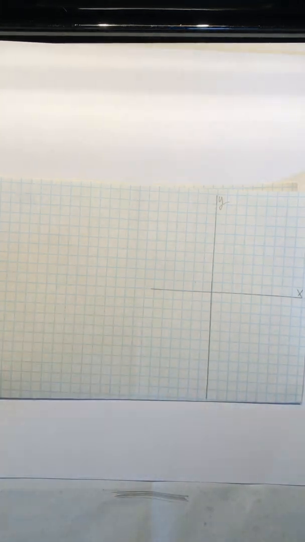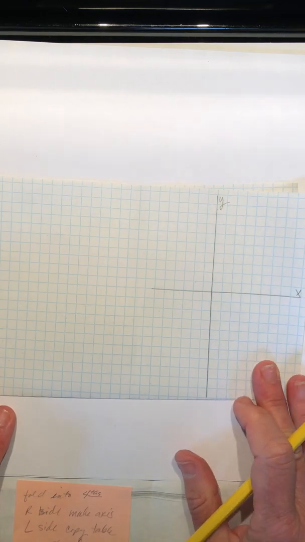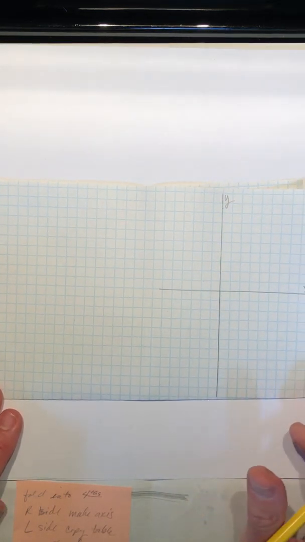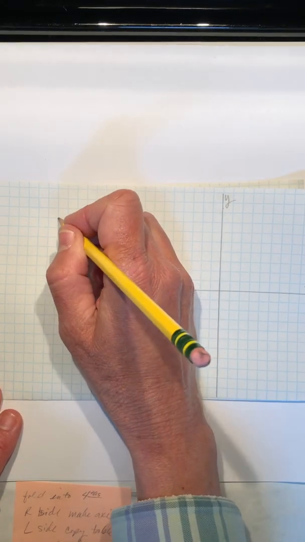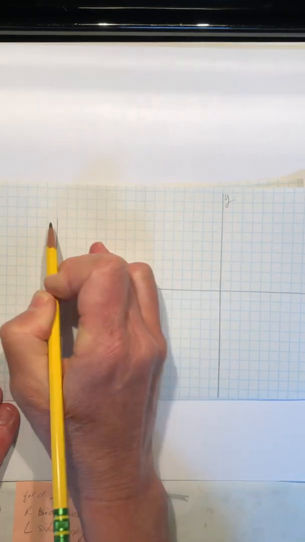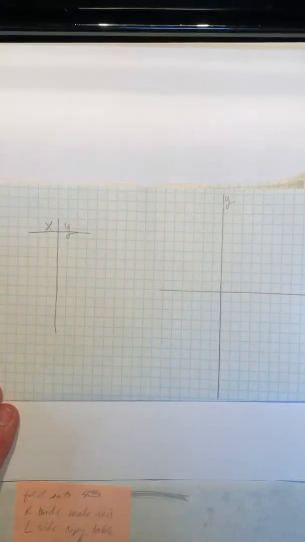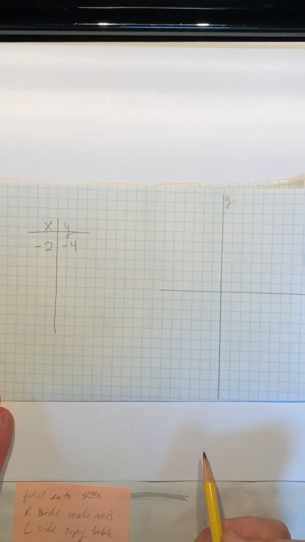And what we're going to do is we're going to be plotting pairs of points again, but this time we're going to be looking at the points from a table of values. So this is what's going to go over here. X and Y. So the first point we'll be plotting is -2, -4.